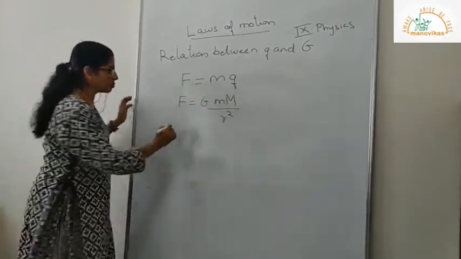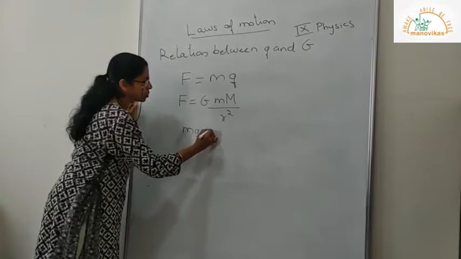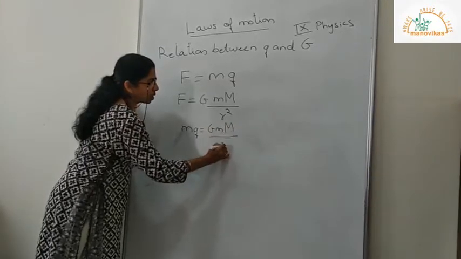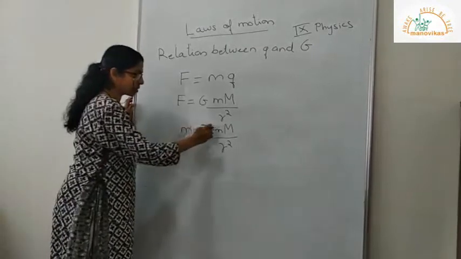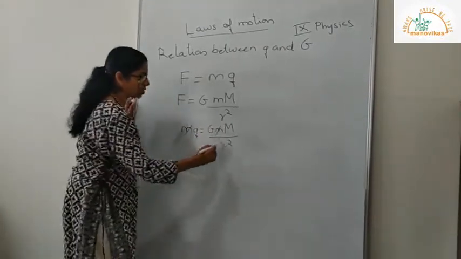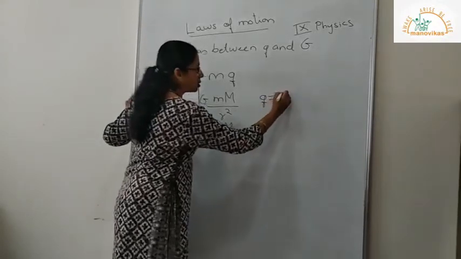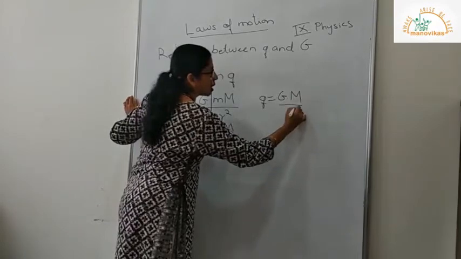So when I combine both, I get mg is equal to GMm upon r squared. I can cancel m, so I get small g is equal to GM upon r squared.